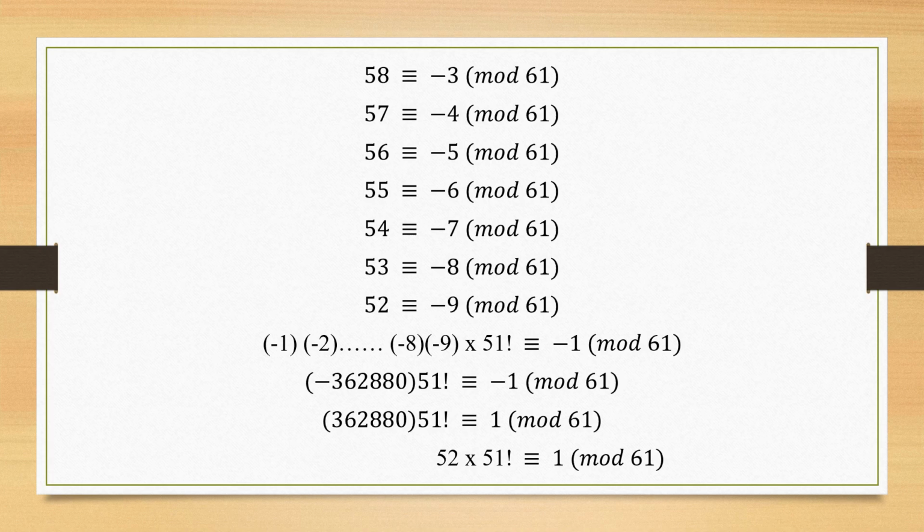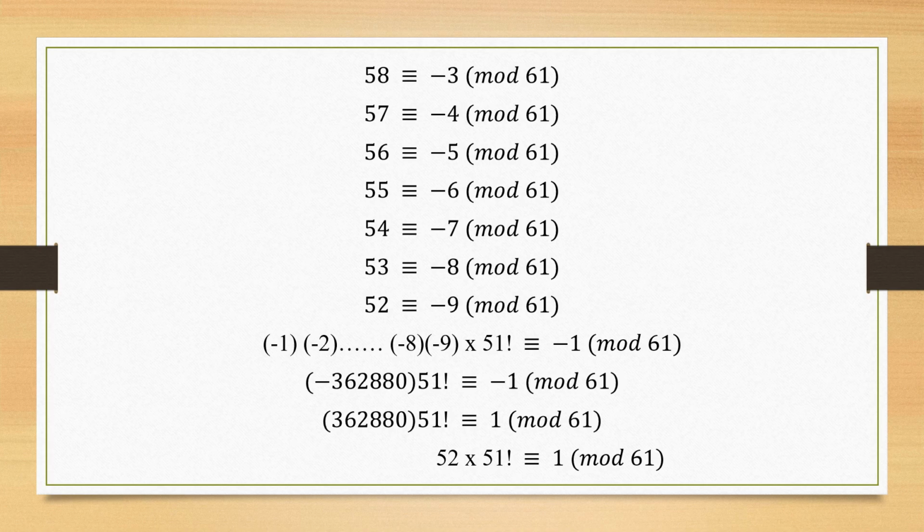Now for 51 factorial, I didn't do anything. I just kept 51 factorial as such. Whereas 60 factorial, reduced till 51 factorial, is congruent to minus 1 mod 61.